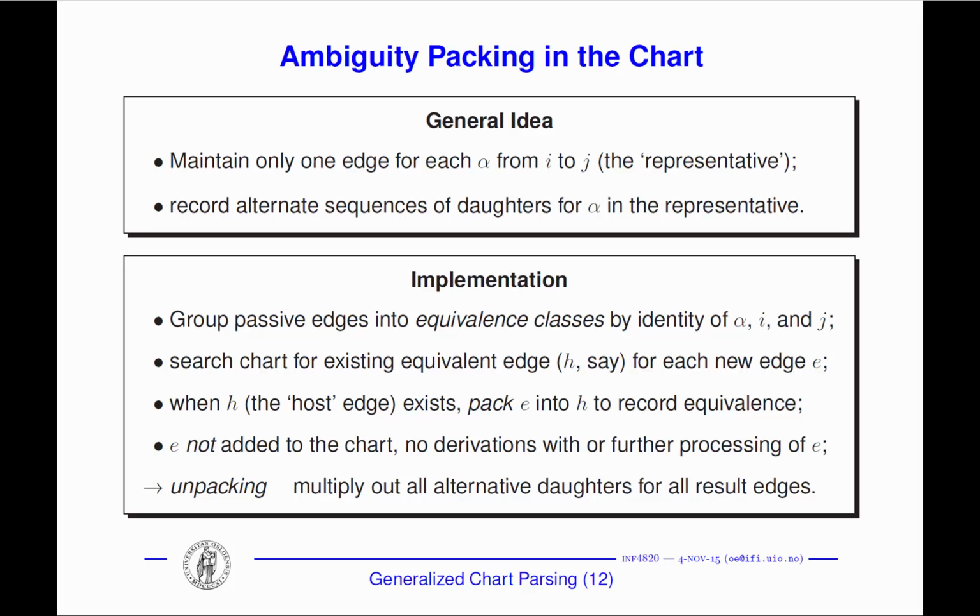And before we add a new edge to the chart, we first search for an equivalent edge. Let's say we call it H, host, or maybe R, the representative. And when we find such an edge, what does that mean? What is it that we have just found? What has just happened?